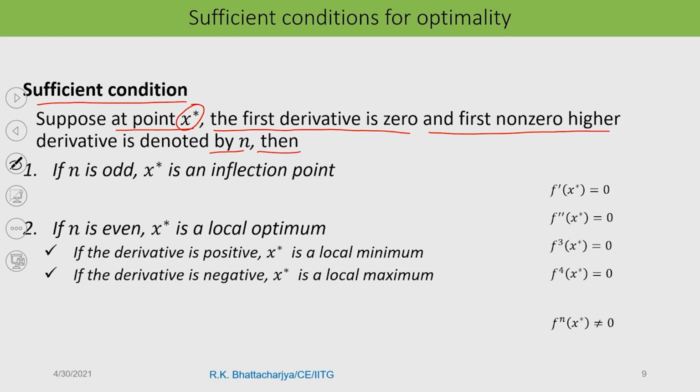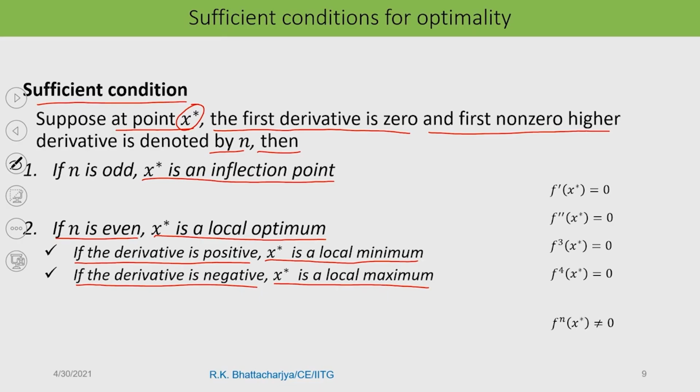Then if n is odd, x star is an inflection point. If n is even, x star is a local optimum, and then if the derivative is positive, x star is a local minimum, and if the derivative is negative, x star is a local maximum.